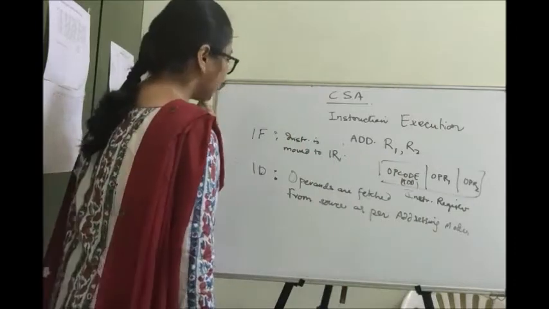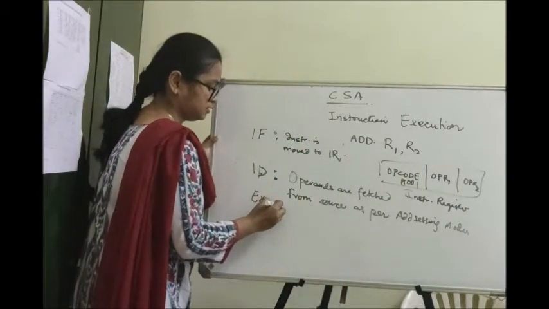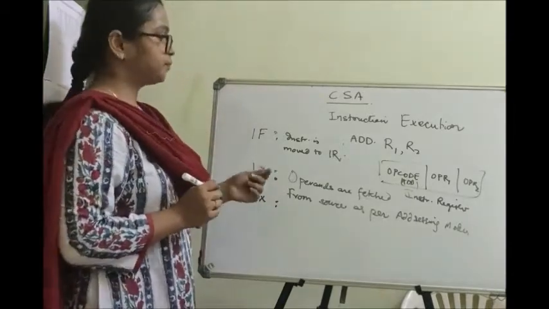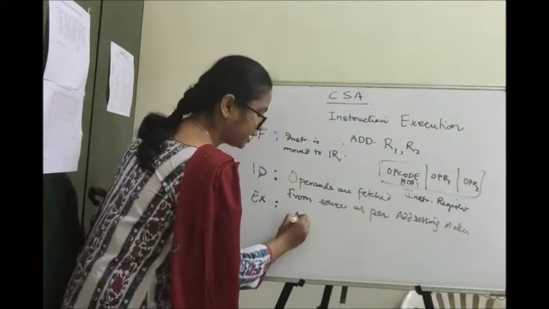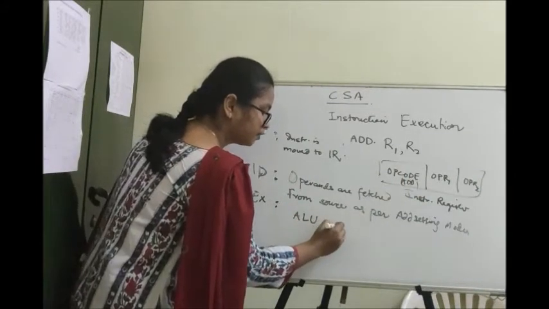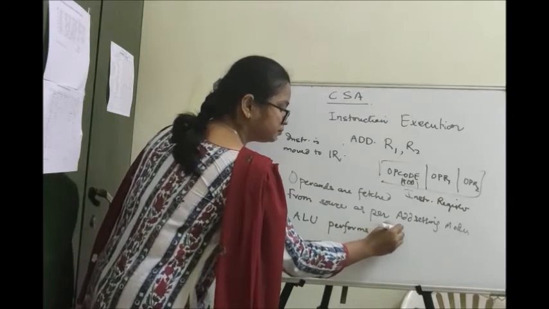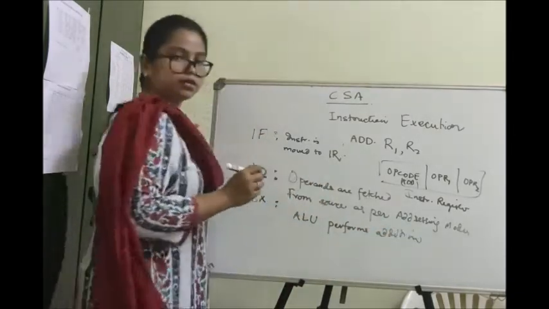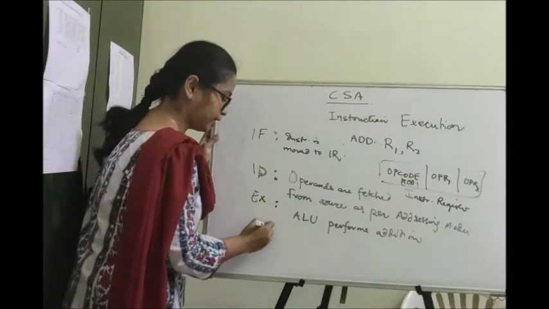Okay. So after instruction decode, we have execution, EX. In EX, we have to perform the addition. So here the ALU performs the addition. Clear and simple. After that, write back happens.